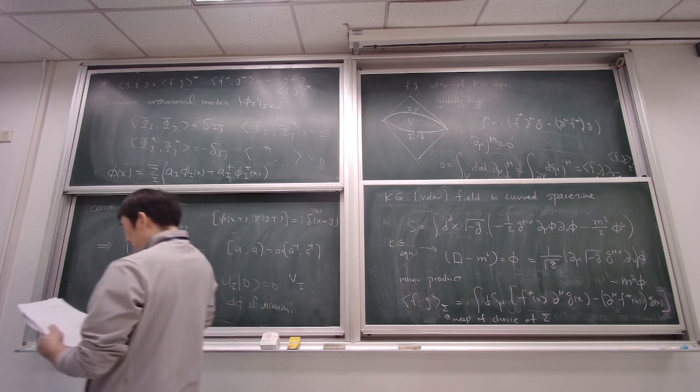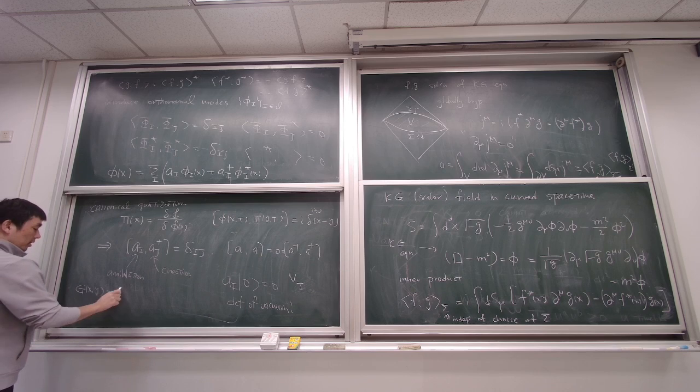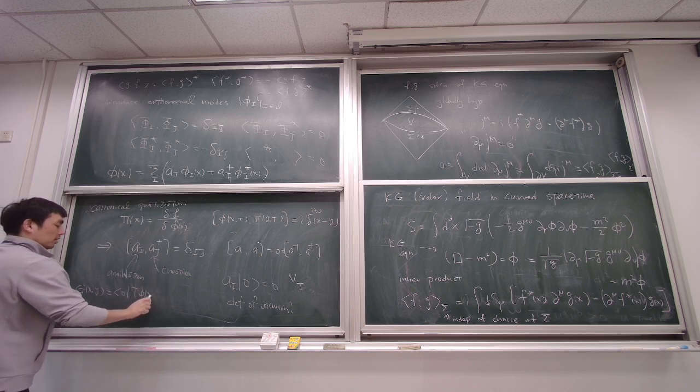And then, yeah, so the 2-point function or Feynman propagator, whatever you call it, is 0, t, phi x, a 2-point function.